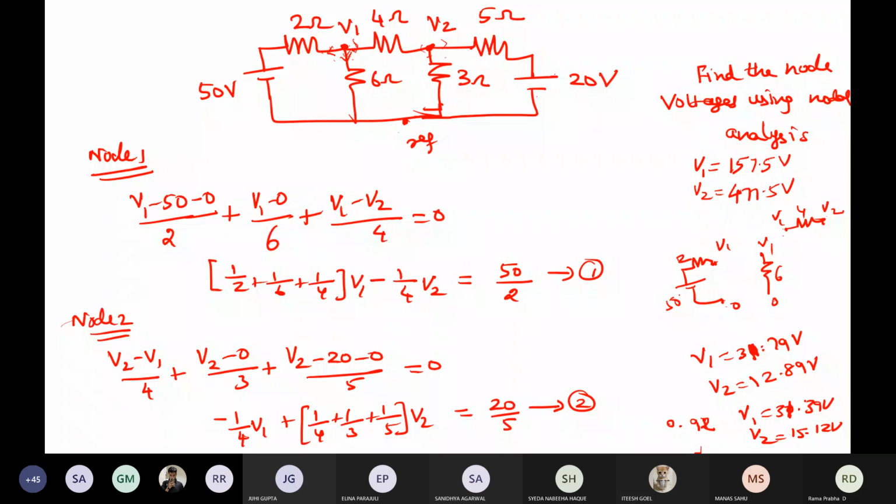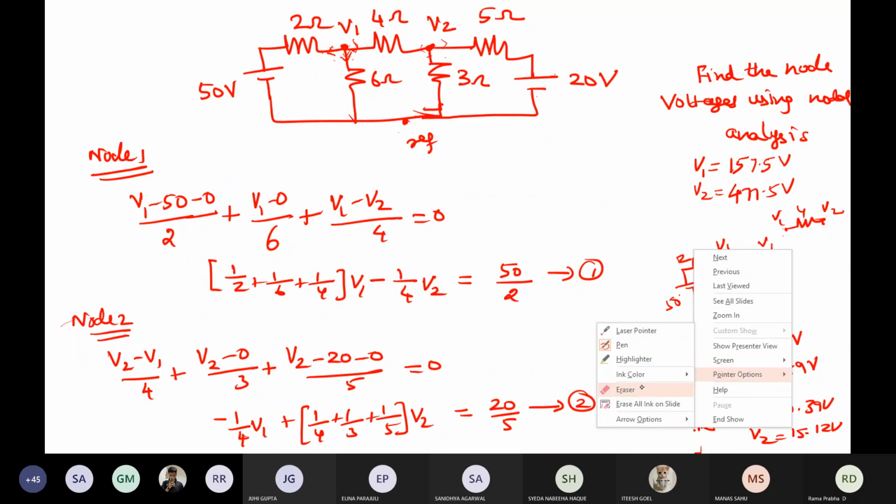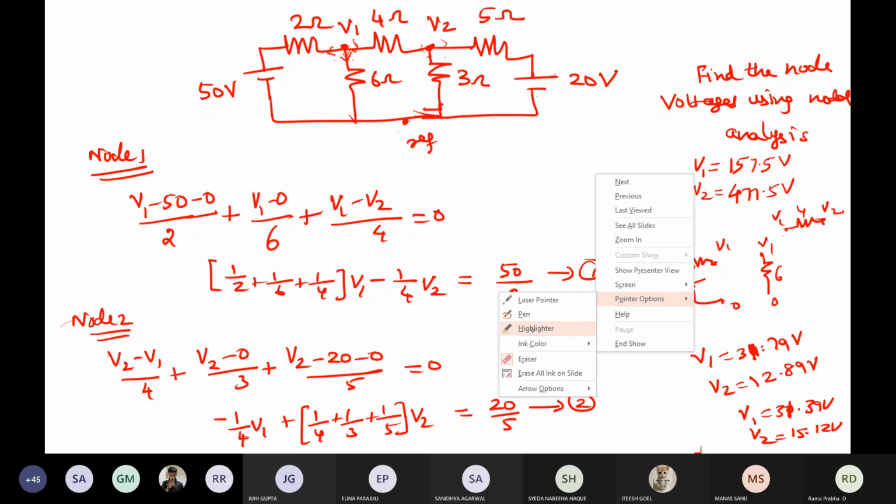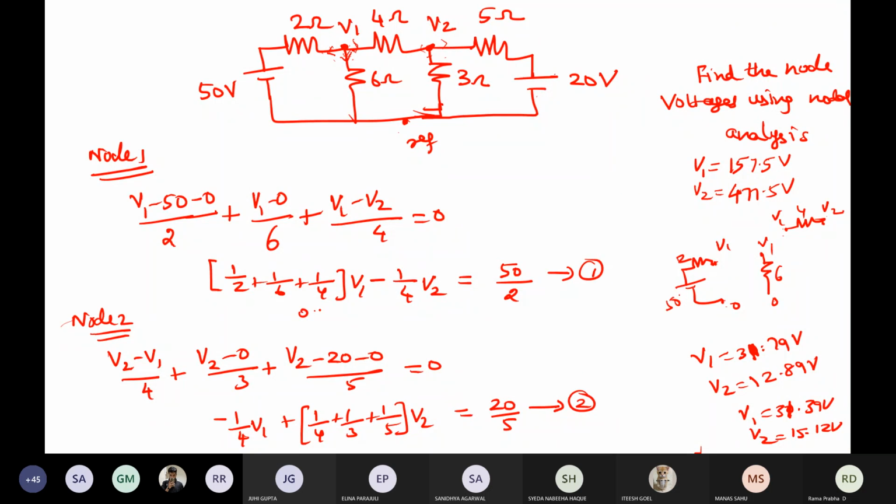So, okay, we'll try it. This is 0.92, isn't it, students? V1, this will be 0.25 V2. This is equal to 50 divided by 25.